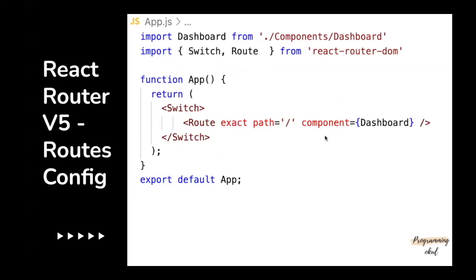The next step is we need to create our routes. Before we go to version 6 of React Router, let me show you how we used to do the routing in version 5. In version 5, we would import Switch and we would import Route. So these two imports we needed in version 5.